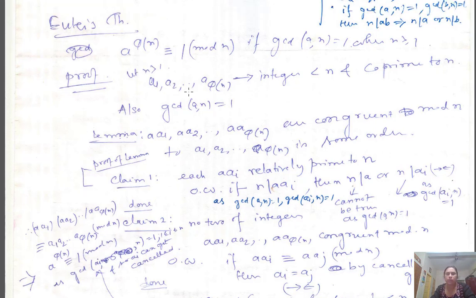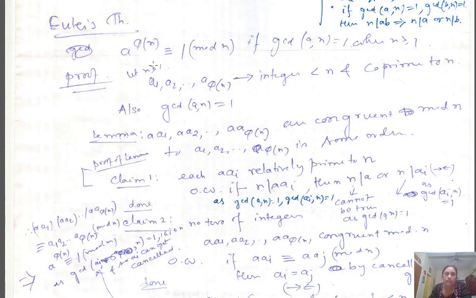integers a1, a2, up to a phi n. These are integers less than n and co-prime to n. I have to show a to the power phi n is congruent to 1 modulo n when a and n are co-prime. So we take integers which are less than n and co-prime to n.